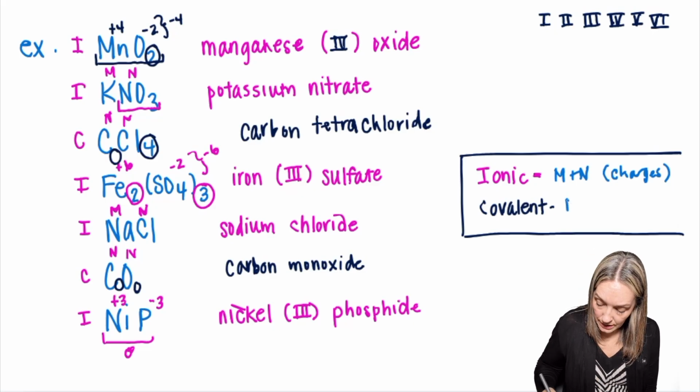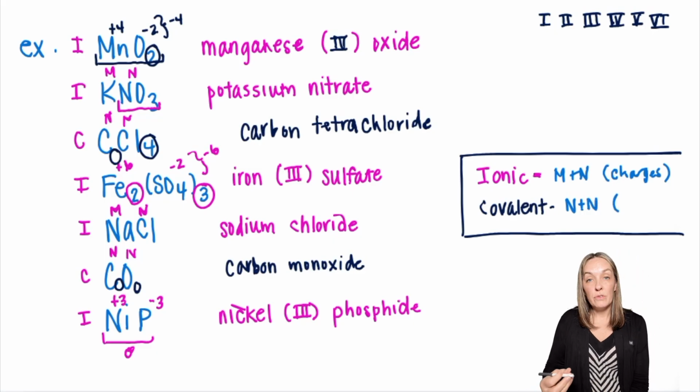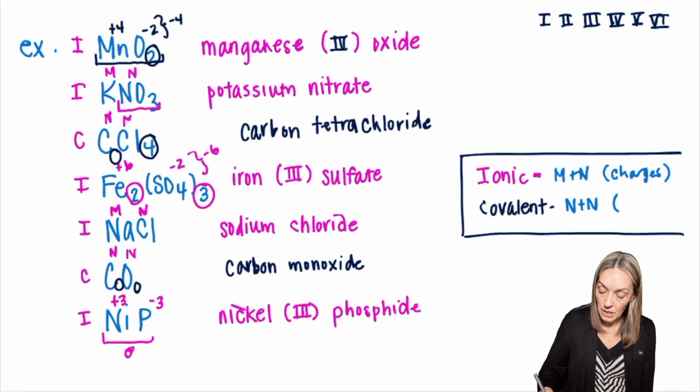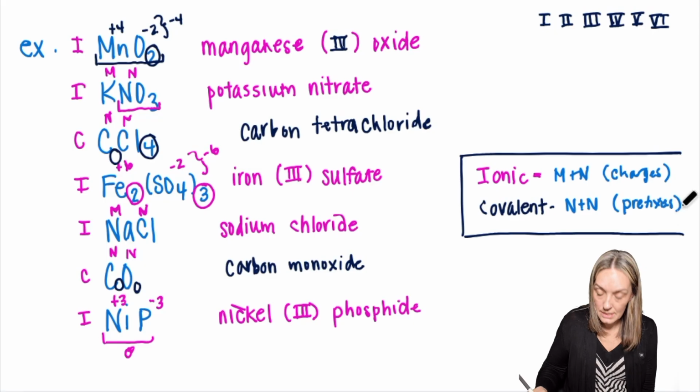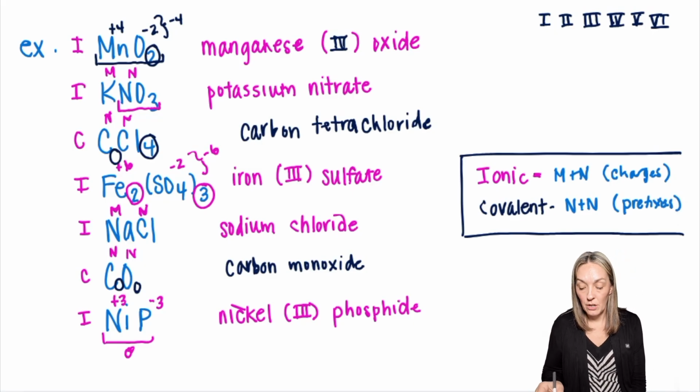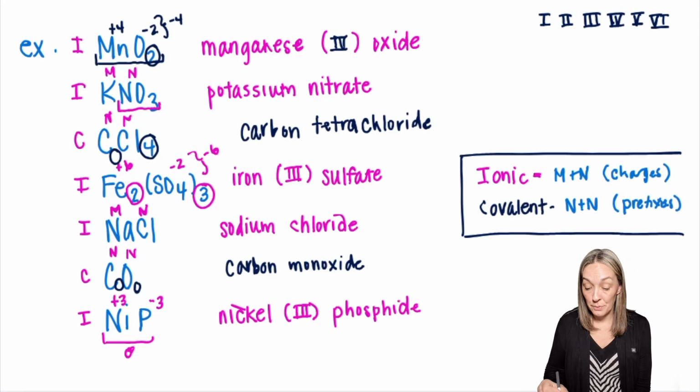If it is covalent, you will know that because there are 2 nonmetals. When you have 2 nonmetals in a covalent compound, you are never going to have charges. Instead, you are going to use prefixes to tell how many atoms you have. We never use prefixes on an ionic compound. We only use prefixes for our covalent compounds.